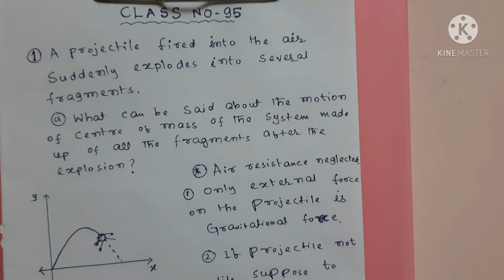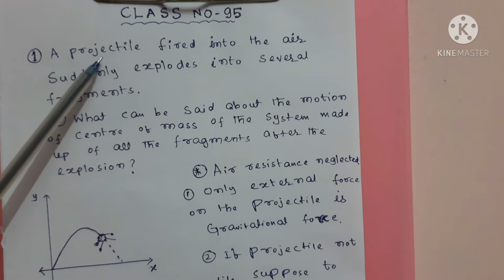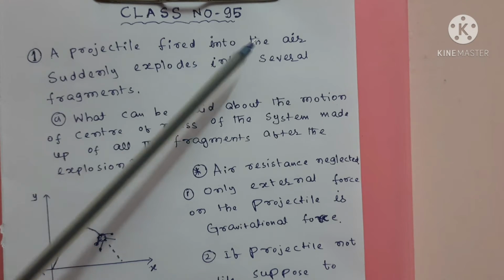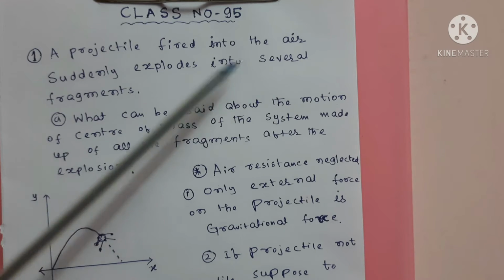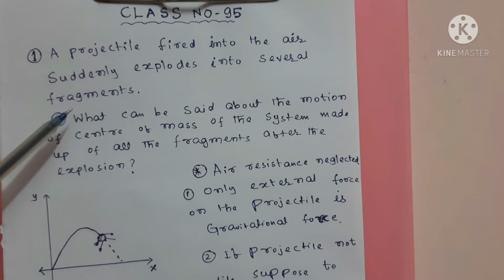This is class number 95. You see the problem. It is like this. Problem number 1. A projectile fired into the air suddenly explodes into several fragments. Then what is the question?